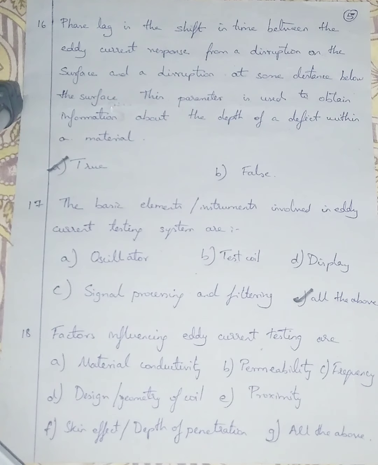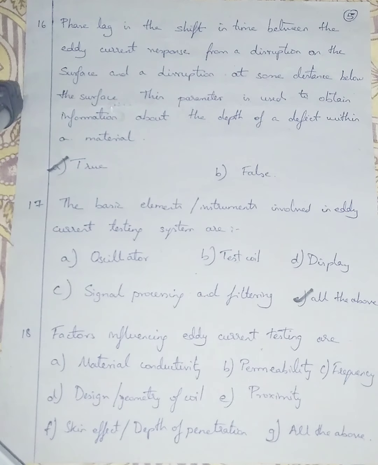If the material is of low magnetic conductivity, then we will not get that much eddy current. If there is low permeability, we won't get a high eddy current. Frequency determines the eddy current. Design and geometry of the coil also determines the eddy current. Proximity, of course, determines the eddy current, because there is a relative motion between the metal conductor and the magnetic field lines, then only we'll get an eddy current.